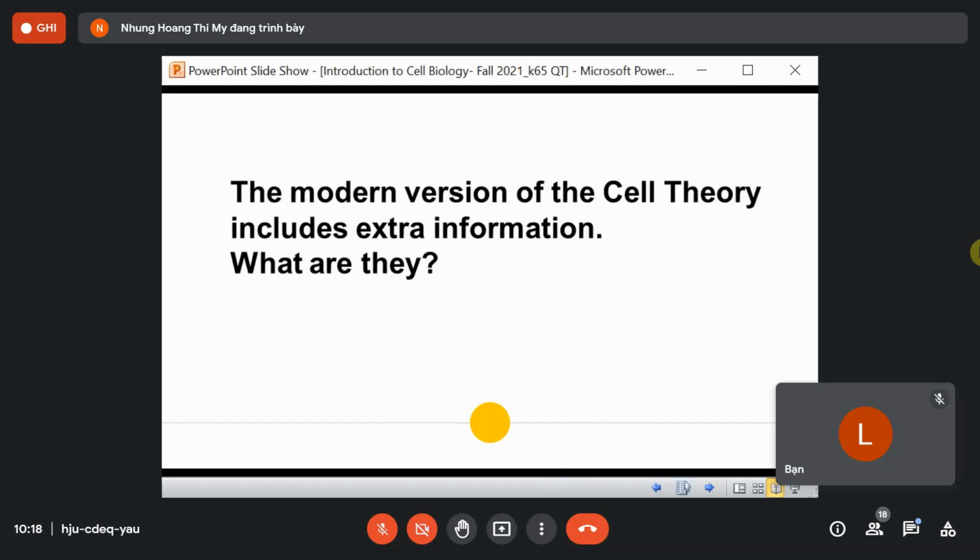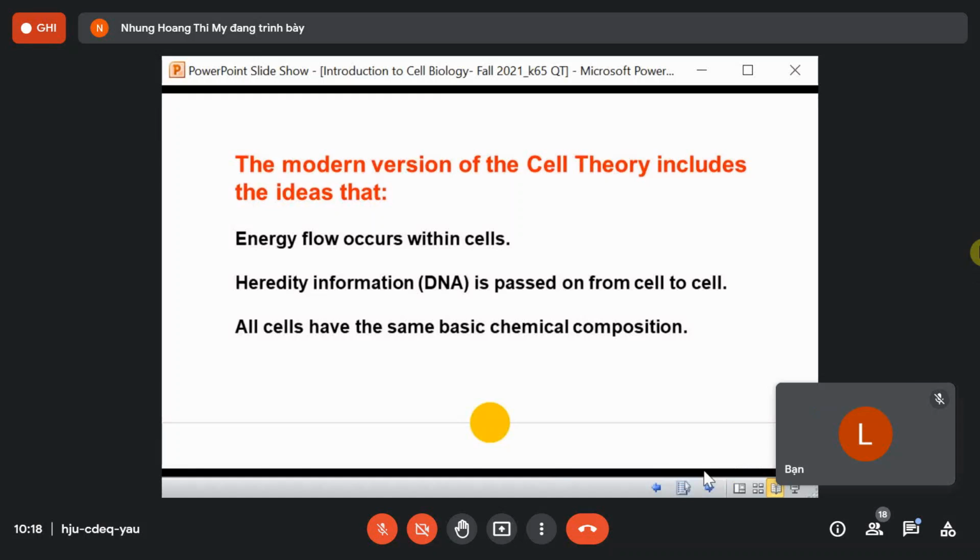For the modern theory, they state that energy flow occurs within cells. We know that cells need energy to maintain their life, so energy can be made by the cell and used by the cells.